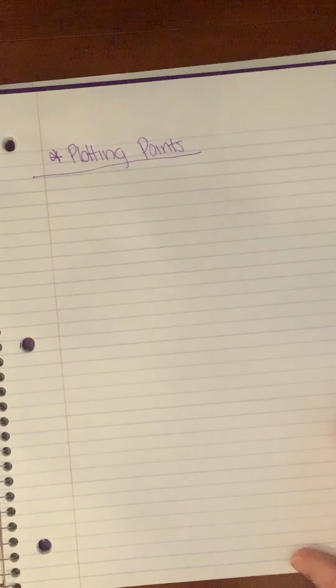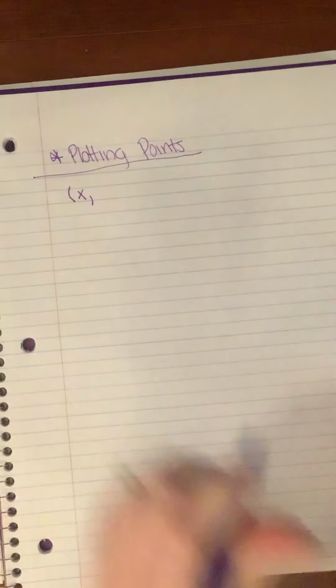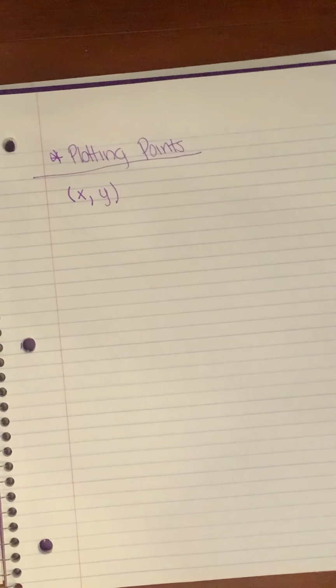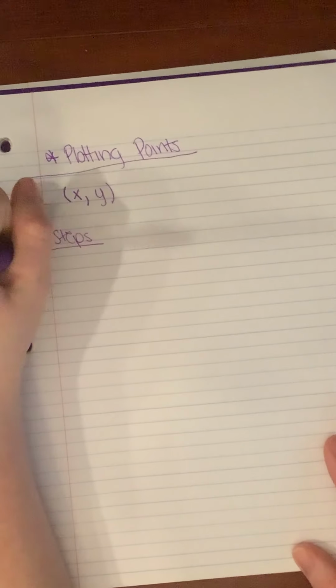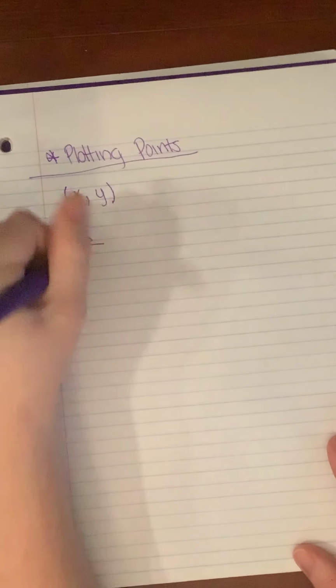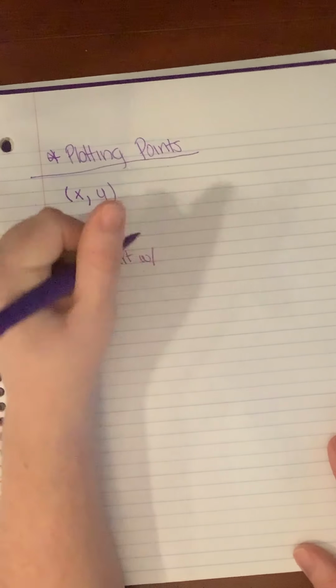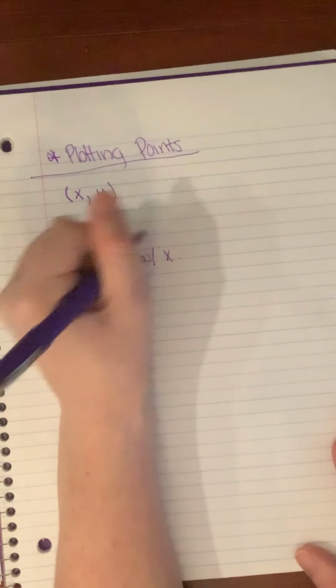Remember, when we have a point, our first number is representative of our x, or our number on the x-axis, and our second number is representative of our y-axis. So when we plot points, our steps: we're always going to start with our x-axis number, and we'll look at that in a moment when we practice plotting some points.